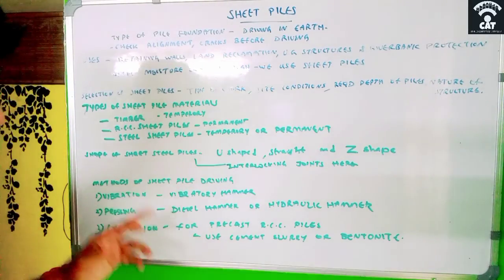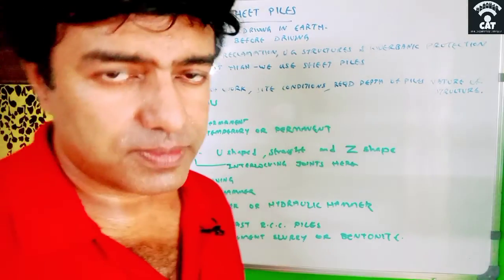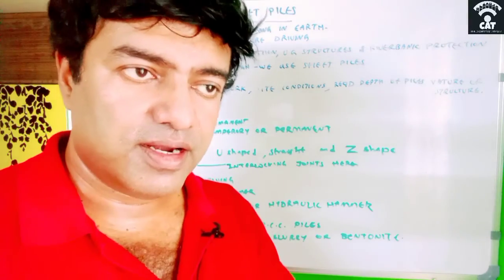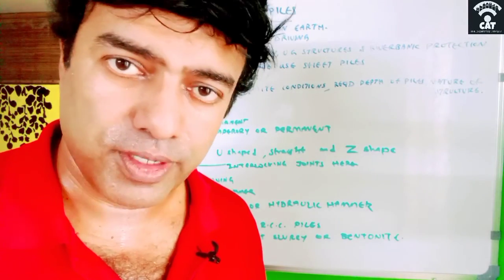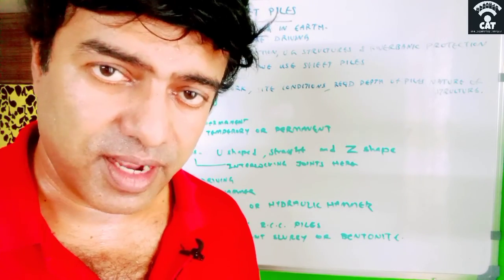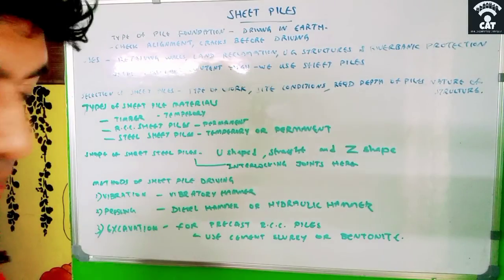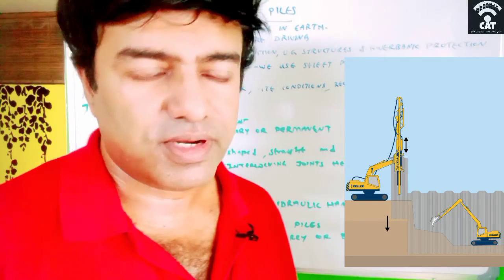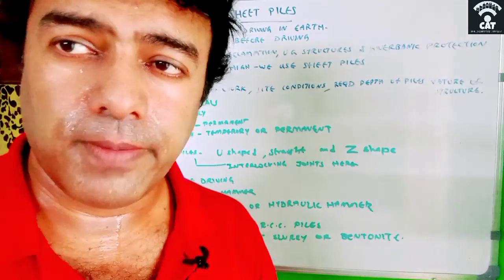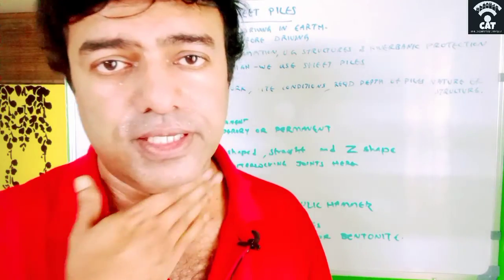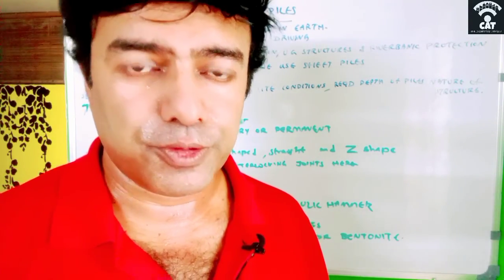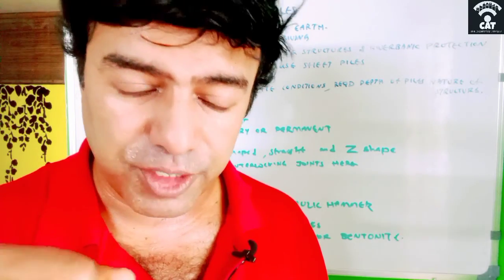And then the methods of sheet pile driving. There are three methods by which we can drive the sheet piles into the ground. One is the vibration method, the second is the pressing method, and the third is the excavation method. So we will discuss the vibration method first. The vibration method is where we use a vibratory hammer to put the sheet pile into the ground.